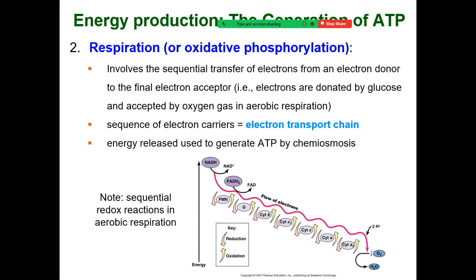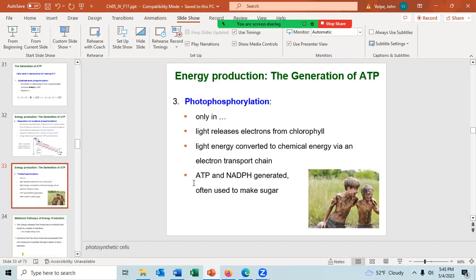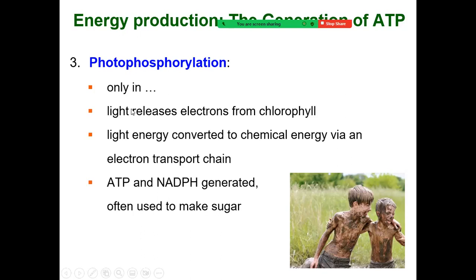No animal cells can make ATP by anaerobic respiration, but bacteria can. You don't need to know the process. You just need to know the second way cells can make ATP is by respiration.